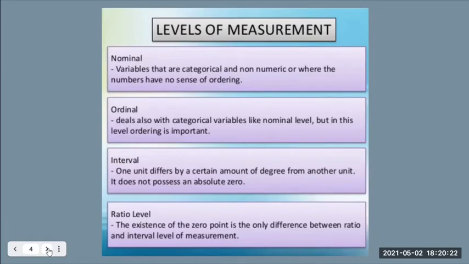Next, we have the ratio level. The existence of the zero point is the only difference between the ratio and the interval level of measurement. So this one is almost similar to the interval, but its point of origin starts at the zero level.